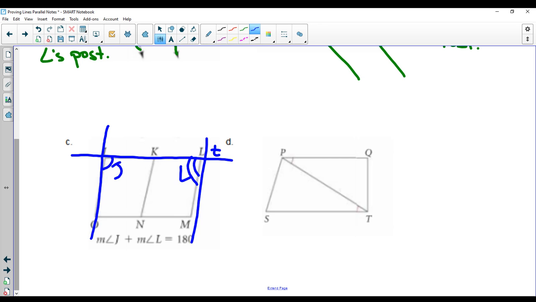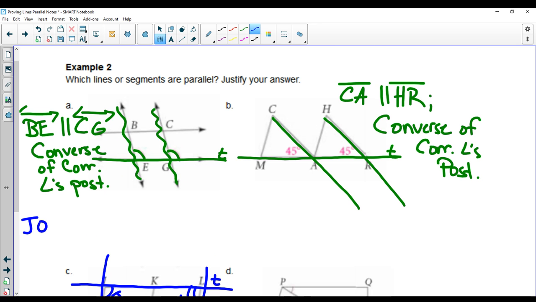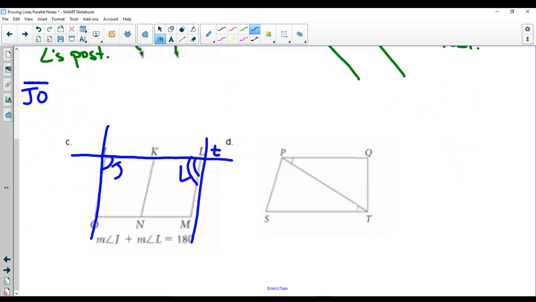And so my information is true. So I'm going to say that segment JO, dang it, I'm too close to that side, so it freaks out when you do that. JO is parallel to LM. And those are segments because I started with some kind of four-sided figure. How do I know that?